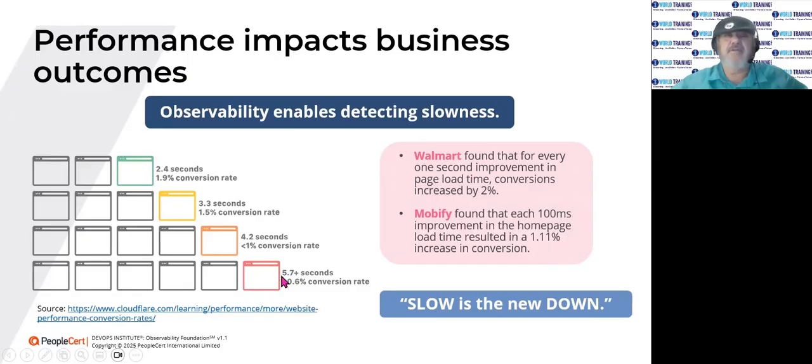When things are running slower, then it's a lower conversion rate. So keeping track of your performance has a direct effect on the business. And in particular, you have to have pretty decent fidelity and accuracy. Otherwise, even small incremental changes can have a pretty big effect on your business.